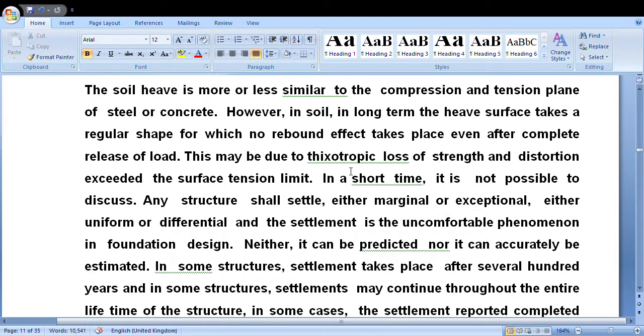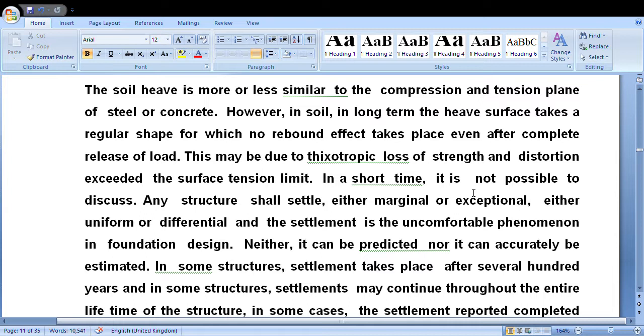This may be a thixotropic loss of strength and distortion exceeding the surface tension limit. In a short time, it is not possible to discuss. However, I am trying to say here that any structure shall settle, either marginal or exceptional, either uniform or differential, and settlement is an uncomfortable phenomenon in foundation design.